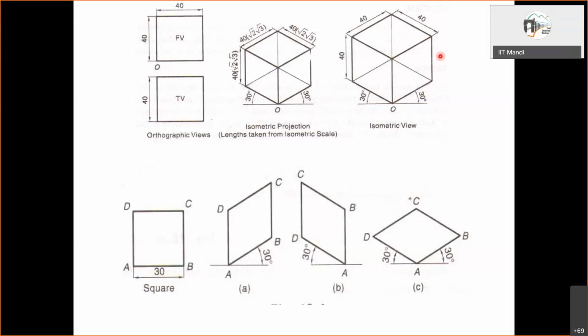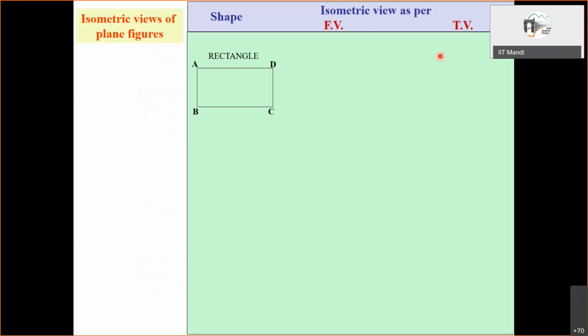But if something is not exactly along these lines, any straight dimension that is not along these, then we cannot directly measure with the given dimensional unit and mark it. So what we actually need to do is look at the corners. So this is what we had seen in this slide.